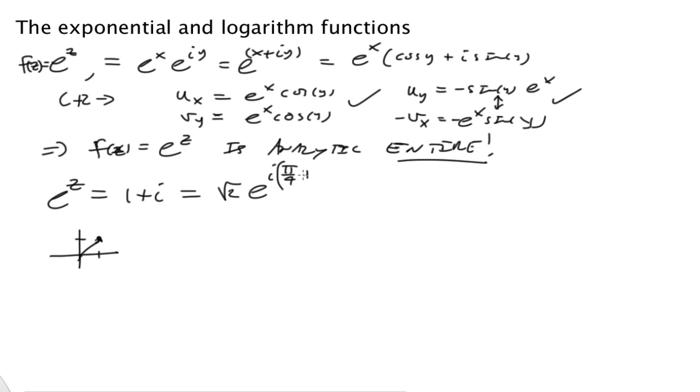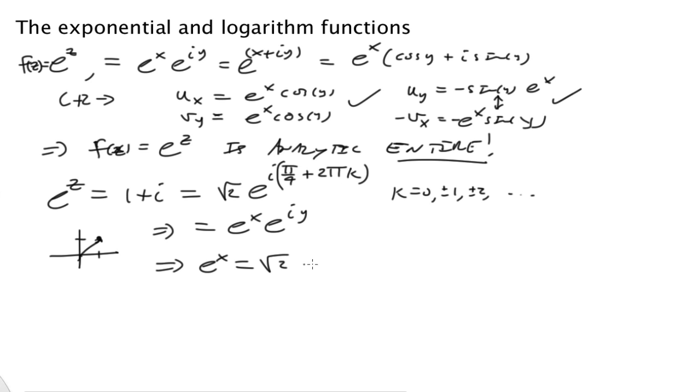But we have to do one thing. We always have to do this. There's this multi-valued nature when we write in polar form, so we can write that like that, where k is equal to 0, plus or minus 1, plus or minus 2, and so on and so forth. Forever. All right, so if we equate this to e to the x, e to the i y, we want to solve for z, find out what z values will generate this, and so we clearly see that e to the x has to be equal to root 2.